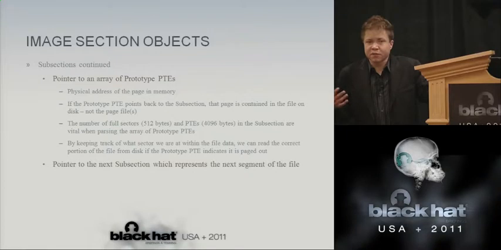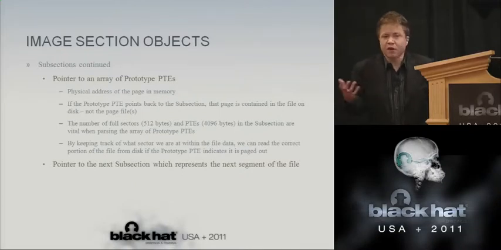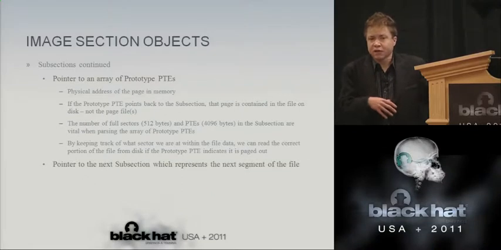For memory map files, especially for binaries, they're not supposed to change. If they do change within the process address context, then the process address gets its own copy of that page, and therefore it would be in memory or it would be in the paging file itself.